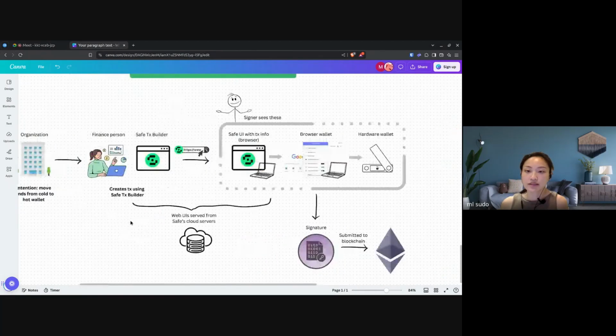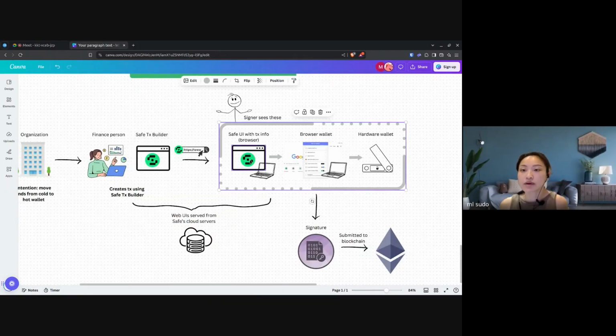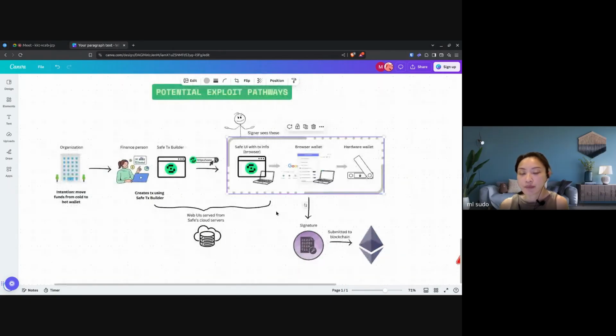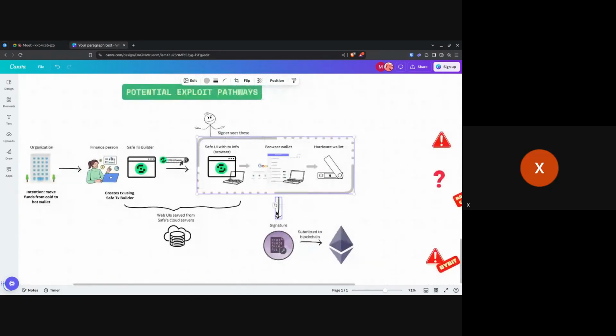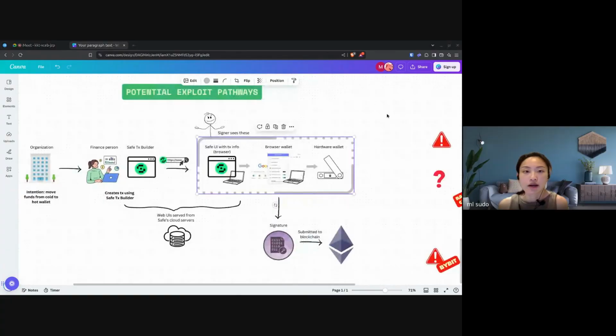The parts of this flow that sit on Safe's cloud servers are both the transaction builder and the UI that a signer sees. Is my understanding correct so far? Yes. Okay. All right, cool.